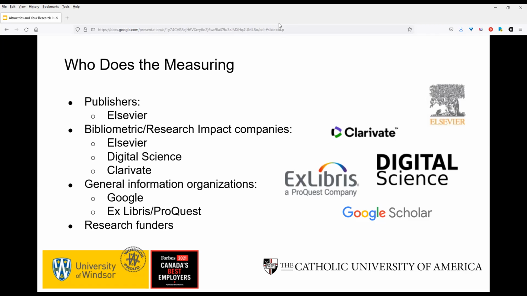Digital Science is a UK-based organization which has a large portfolio of tools and platforms in this space. And then we have Google with its Google Scholar, and we'll take a look at some of their tools as well. And then, of course, you have research funders, which are interested as consumers of a lot of these kinds of analytics. Next slide.